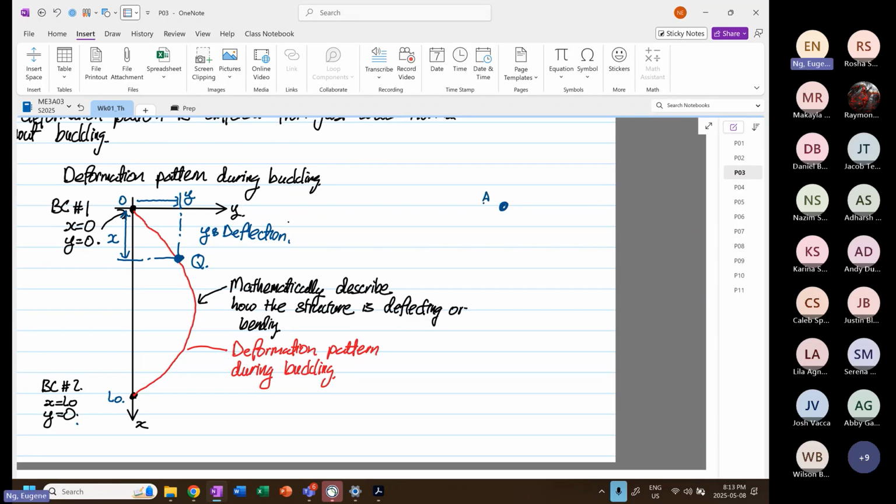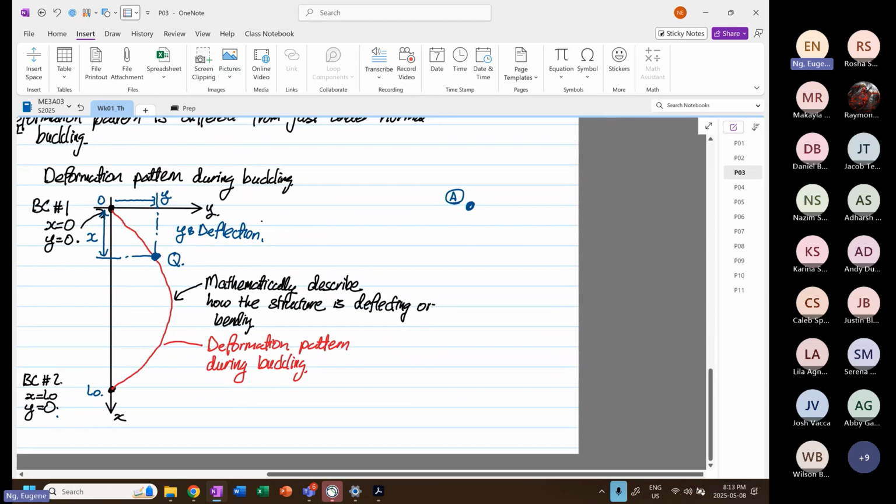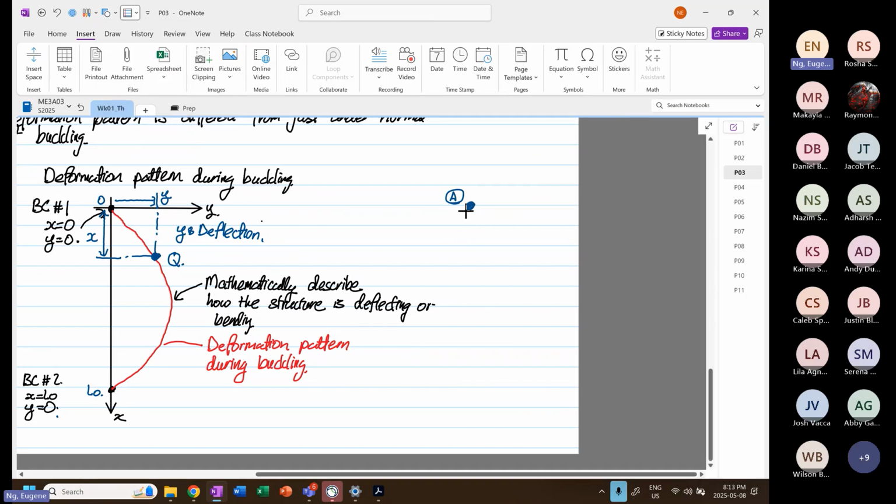This is our point A. Did I call it point A? Yes, I did. Okay. And then at point A, I'm going to draw the green line, which is the original position when the force is applied. Now remember, point A cannot move in the y direction, because we are restricting it.